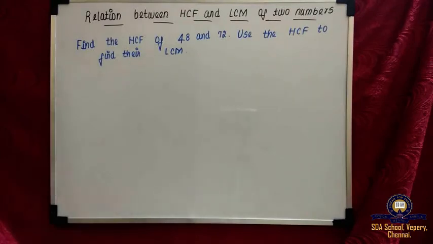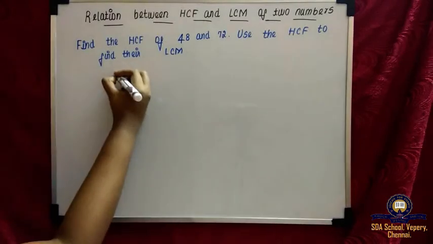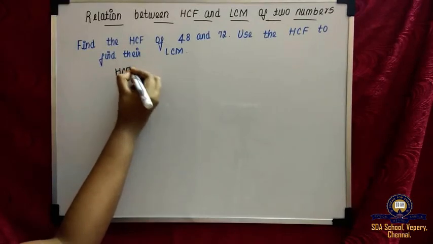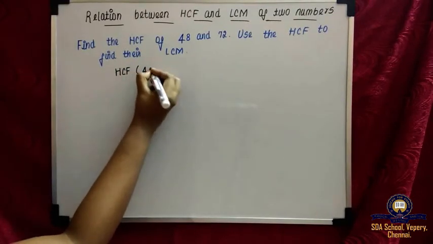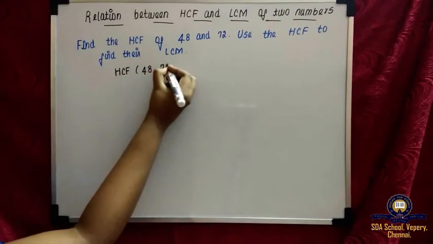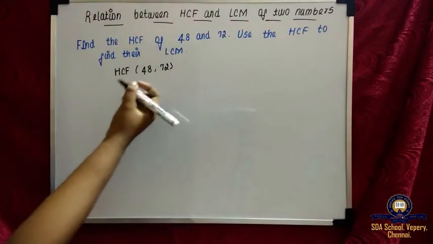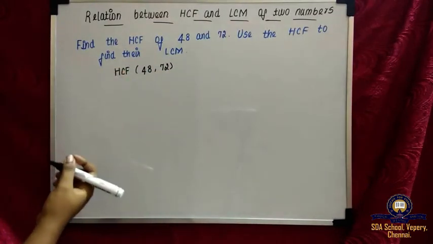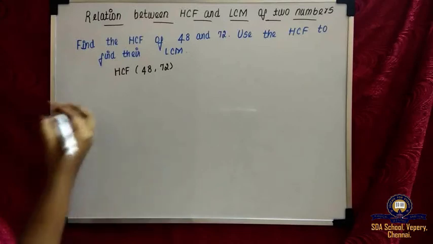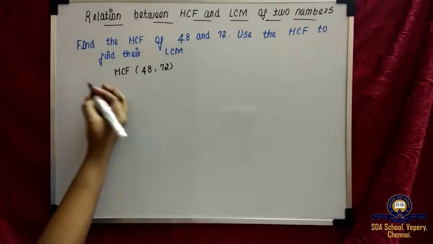Find the HCF of 48 and 72. Use the HCF to find the LCM. So first we have to find the HCF of 48 and 72. You can find either by prime factorization or by division. I am finding by prime factorization.